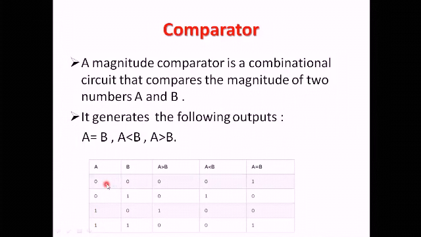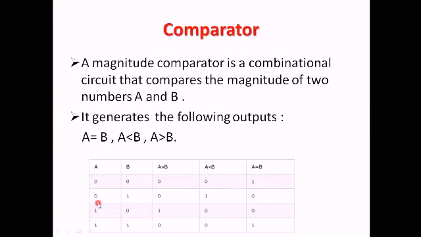In this case, A is equal to B, because A is 0 and B is also 0. So as these two are equal, only here we will have 1, because A is equal to B. The other two will be 0, 0, because A is neither greater than B nor less than B, since A is equal to B.